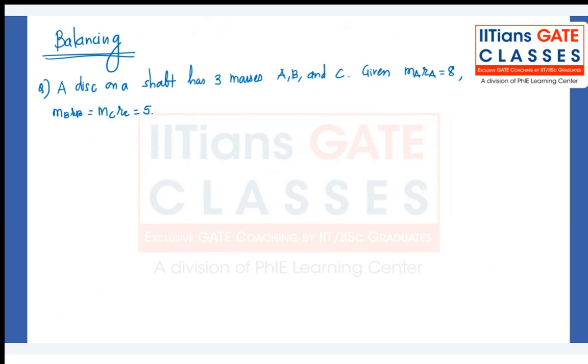The disc is perfectly balanced. What is the angle between the radial directions of masses A and B?